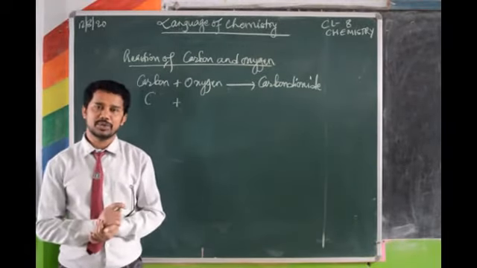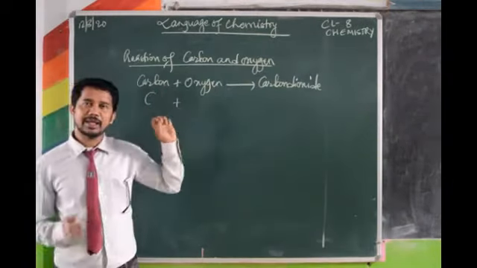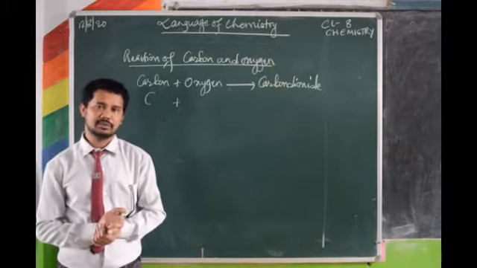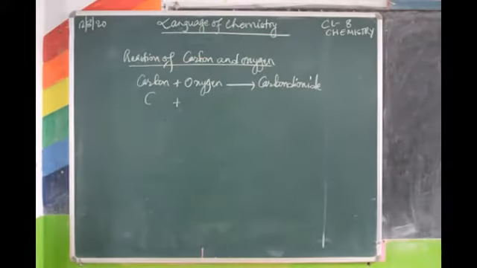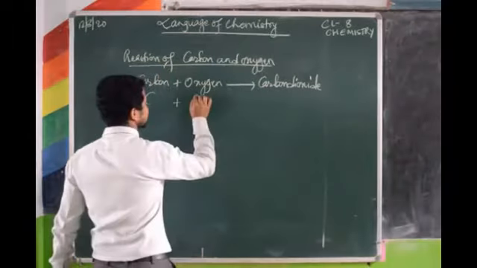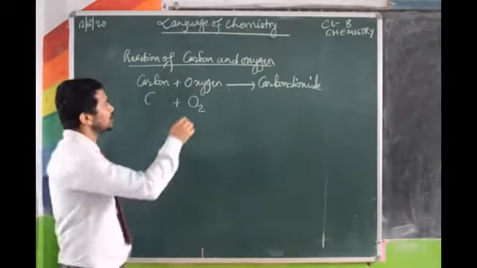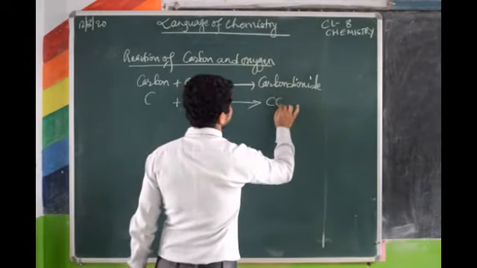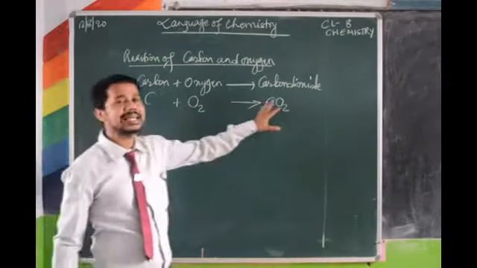Whenever we write a chemical equation, we have to write in the form of molecules. So the molecule for oxygen is O2. And then C plus O2, we know we can write carbon dioxide as CO2.